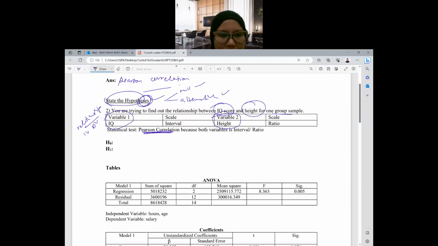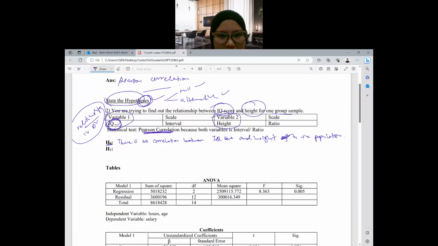Usually for the null hypothesis, if you are looking for the relationship using Pearson correlation, relationship between IV and DV, the way you need to write is: there is no relationship, or no correlation, between IQ score and height in the population. So this is the null hypothesis.